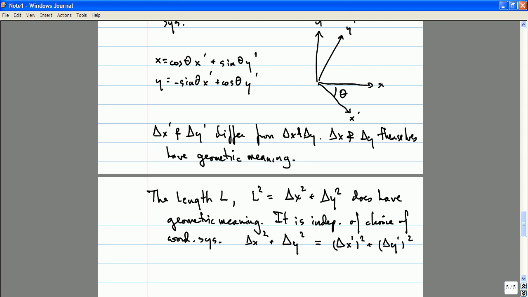Or, to put it a different way, if you were just to compute, say, the distance between a point in the origin and the xy coordinates, and compare it to a point in the origin and the x prime and y prime coordinates, using this formula up above, you could easily check that x squared plus y squared is equal to x prime squared plus y prime squared.